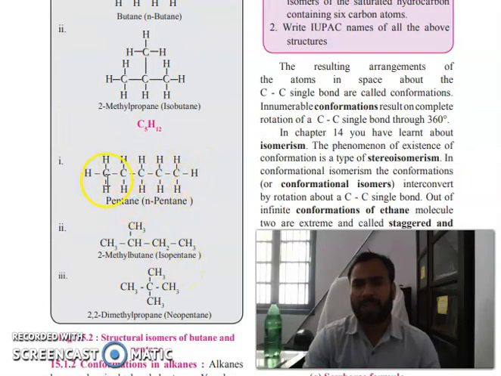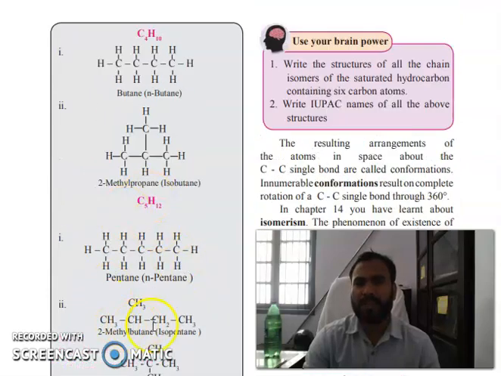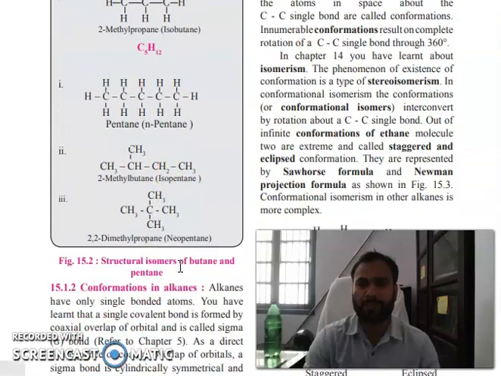If you write like this, then this is called pentane. If you write like this, then one branch you have introduced, 2-methyl butane, and if you write like this, 2,2-dimethyl propane, neopentane. So these 3 structures are isomers to each other.